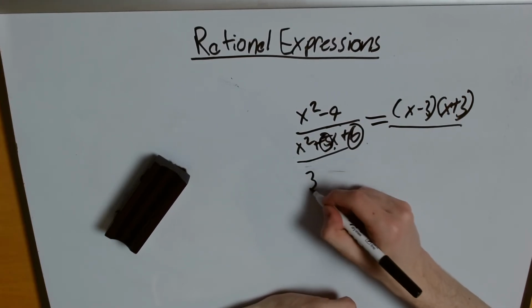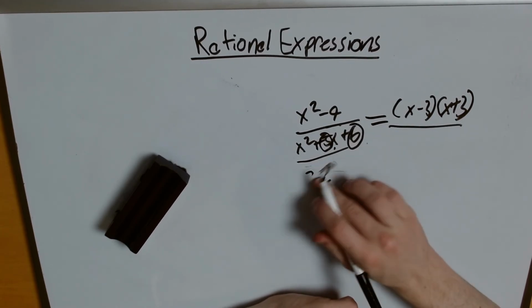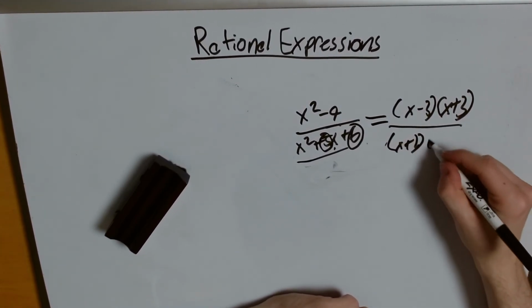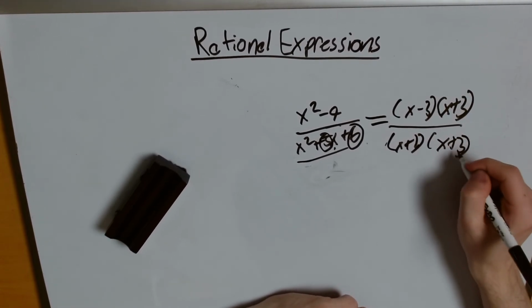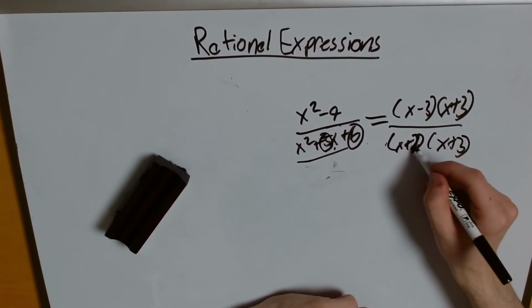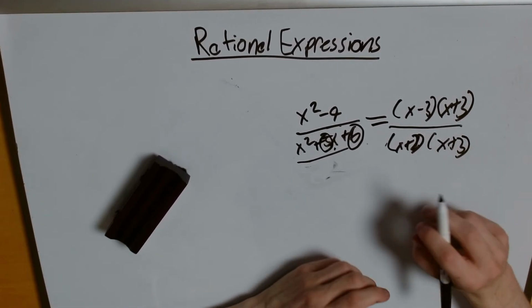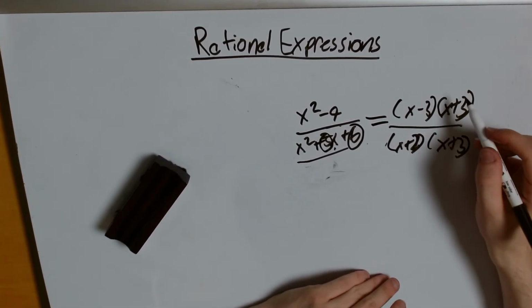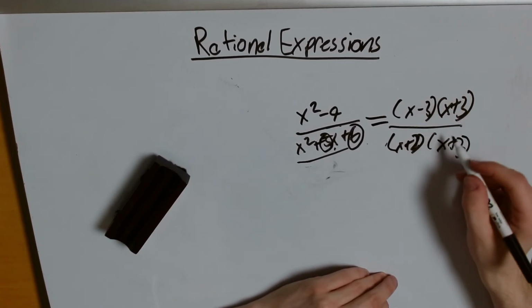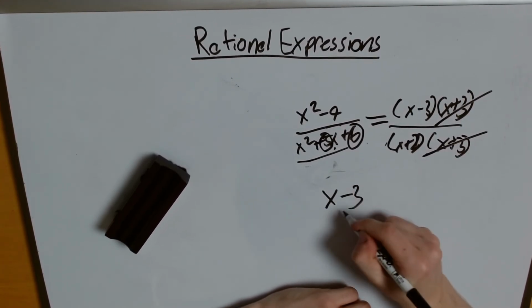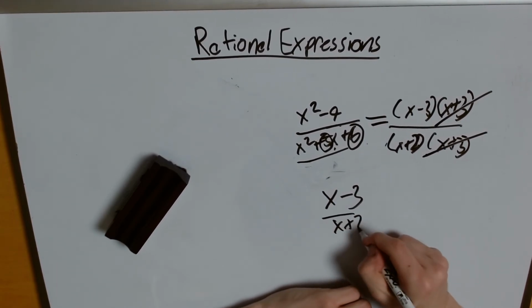I'm thinking 3 and 2, so I'm actually going to do x plus 2 times x plus 3, and sure enough, if I add them together, I get 5. If I multiply them together, I get 6, so I know they work. I have two x plus 3s in the numerator and the denominator, so I can just cancel those out. I'm left with x minus 3 over x plus 2.